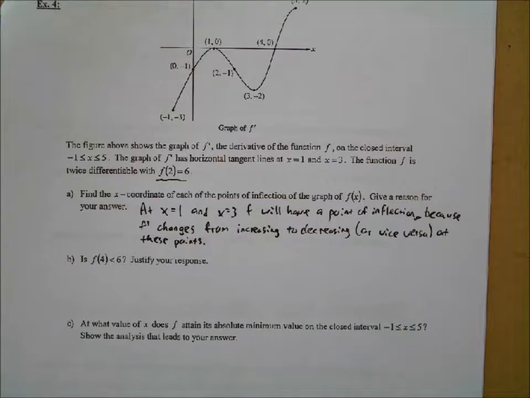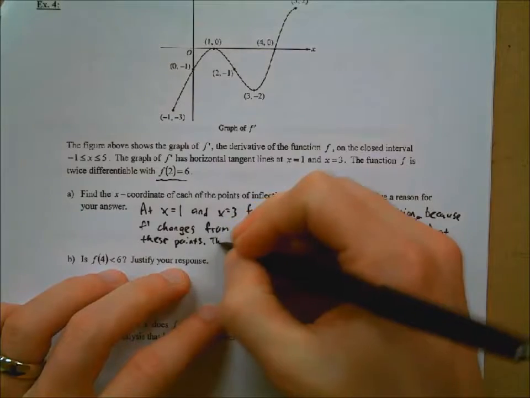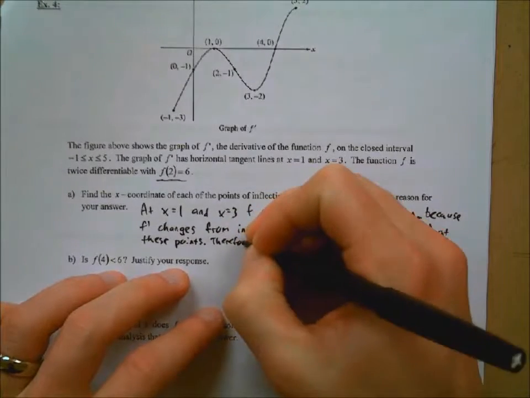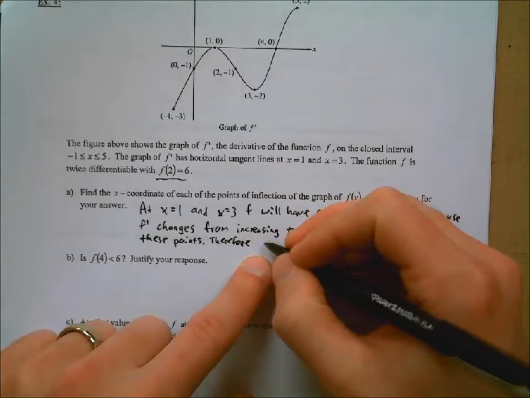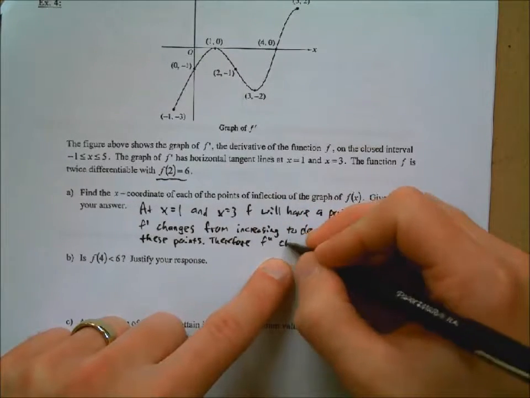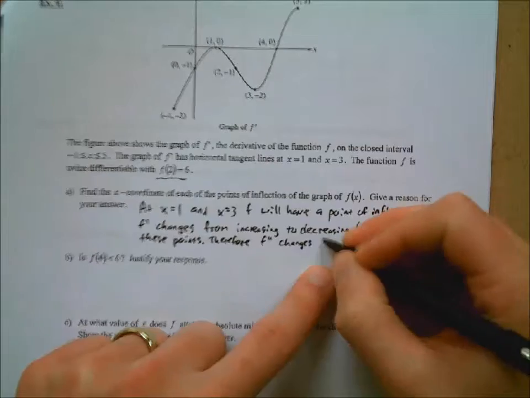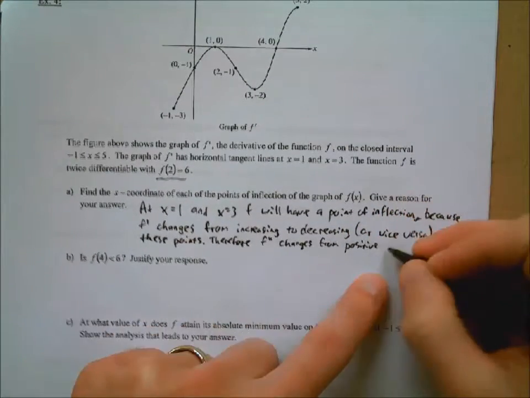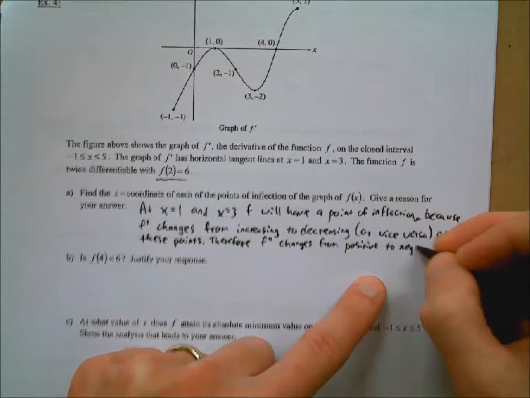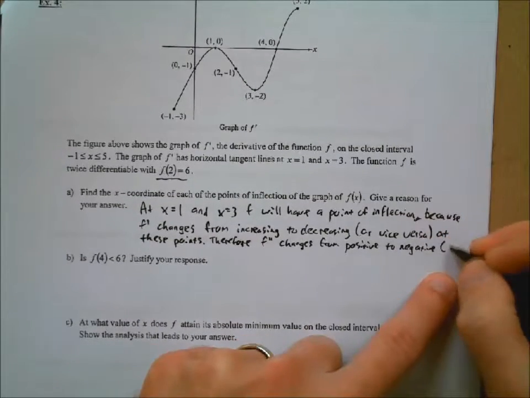Okay? If we wanted to go further, we can then say, therefore, and maybe I'll do that here just in this one case. Therefore, and it's fun to use therefore, right? So therefore, f prime prime changes from positive to negative, or vice versa.